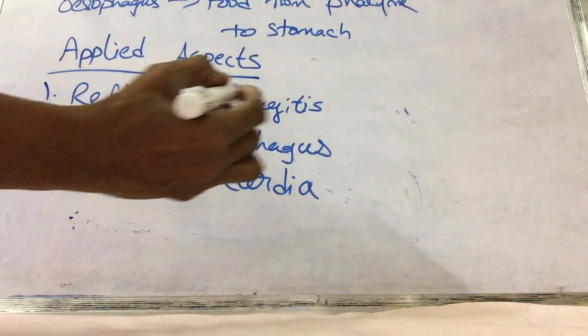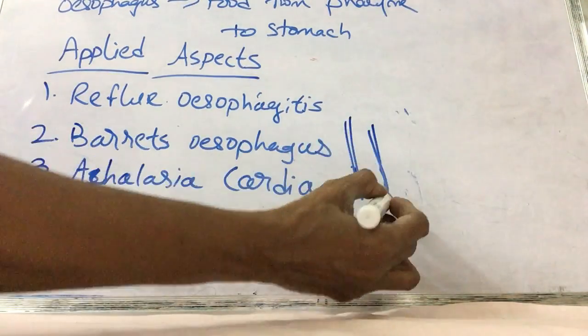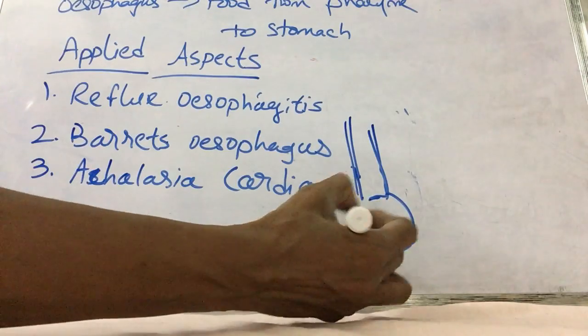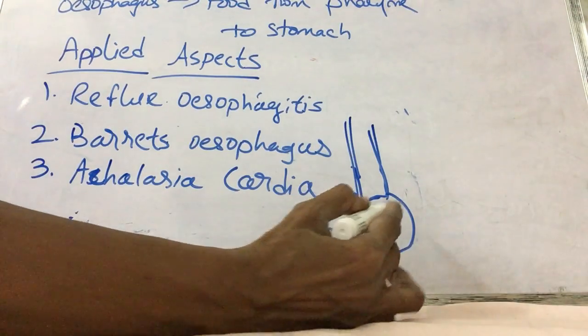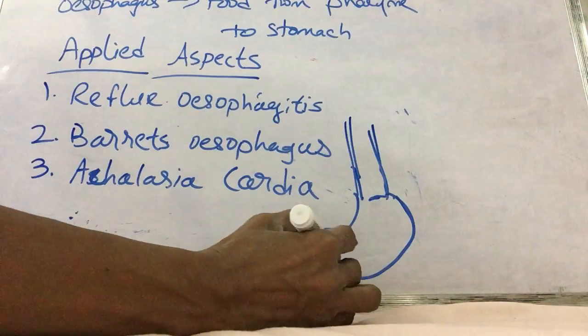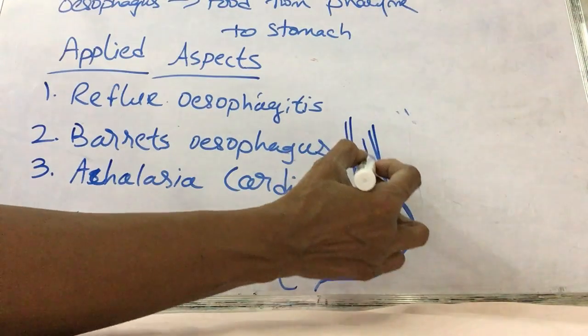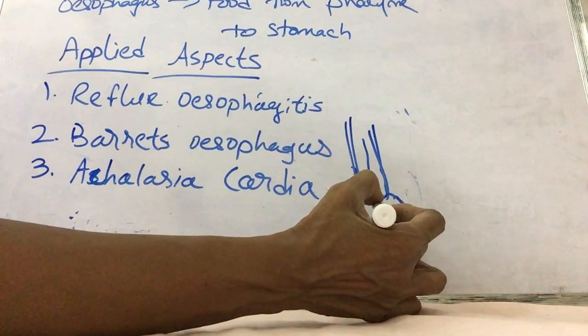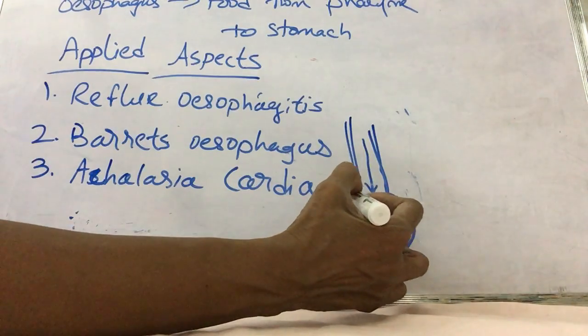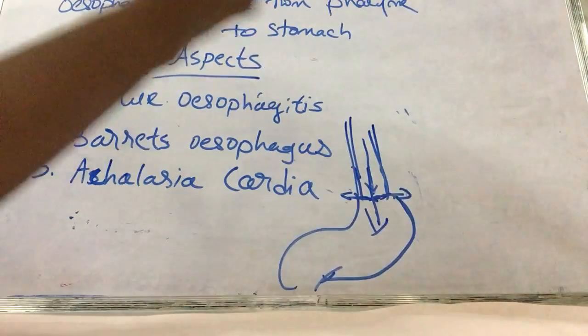See, normally what is happening? This is the lower esophageal sphincter, body of esophagus, lower esophageal sphincter, which is opening into the stomach. When the food is entering from the esophagus into the stomach, the lower esophageal sphincter normally relaxes so that the food will enter into the stomach.